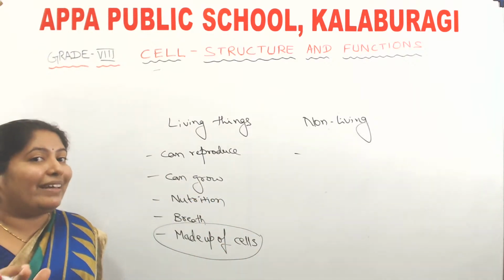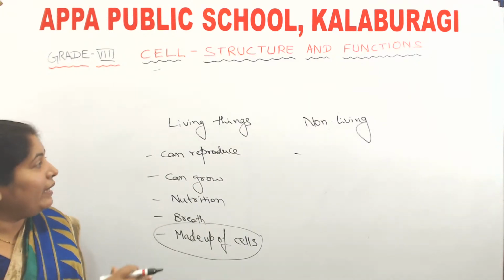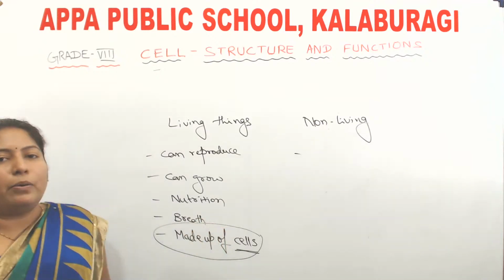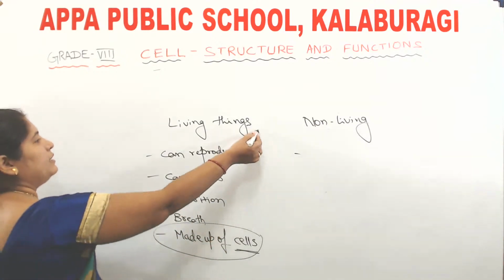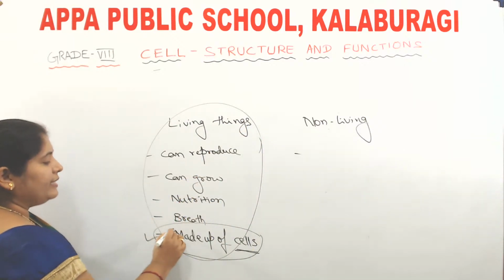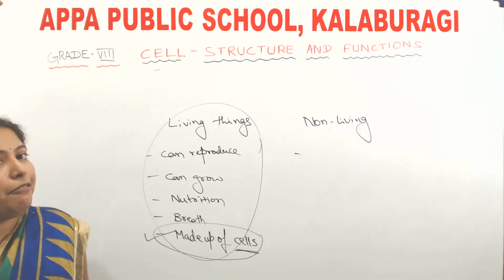In this lesson we are studying each and everything about these cells. I have explained only the characteristics of living things because I want you to recall this special point: living organisms are made up of cells.